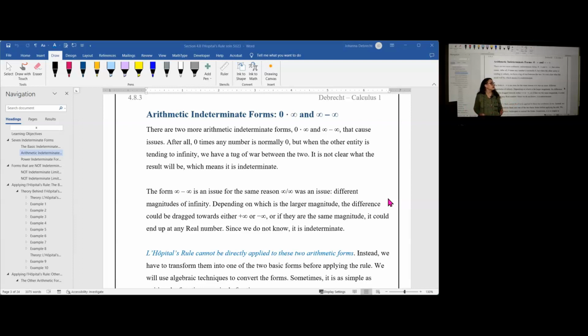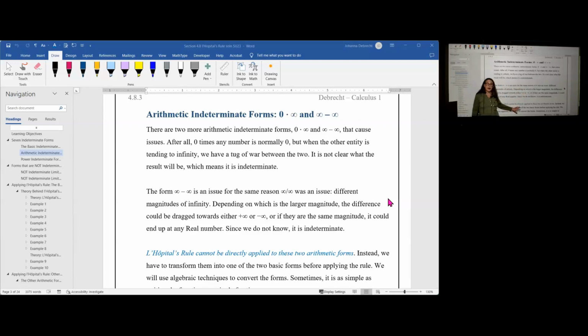So it's indeterminate. When we think about infinity minus infinity, we have the same issue that we had with infinity divided by infinity. Depending on which infinity has a larger magnitude, it will pull it in that direction. Or if they're of the same magnitude, it can grind to a halt at any real value. Or these limits could not exist. That means that these are both indeterminate as well.